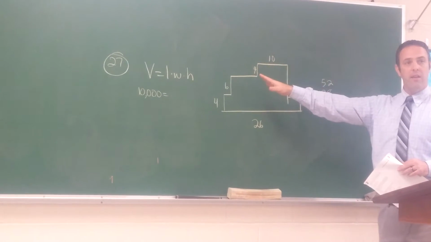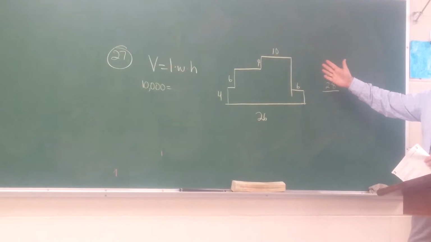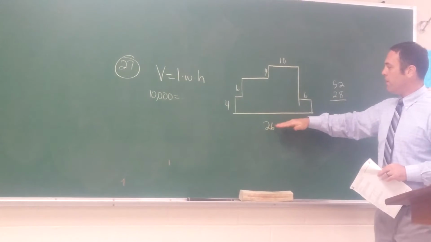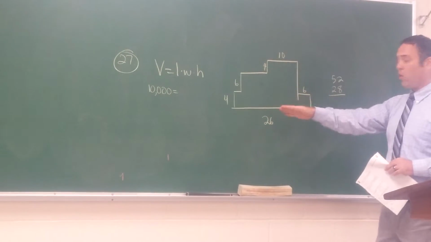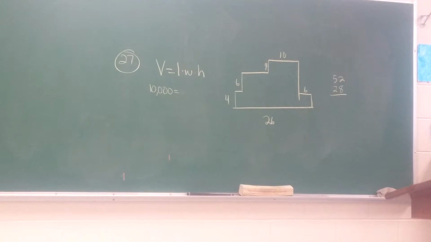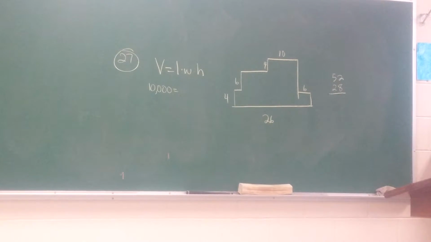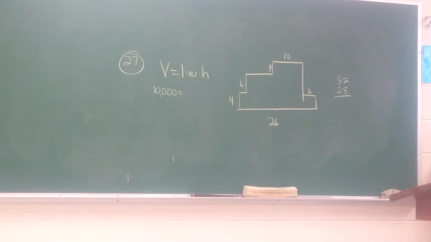So whatever that adds up to be on this side, it's going to add up to be that on the other side. And the same thing with the bottom, 26. If you piece these all together, it would go across and be 26. So if you can figure out one side, just double it. So you just find the length and double it and the height and double it? Exactly. Okay.